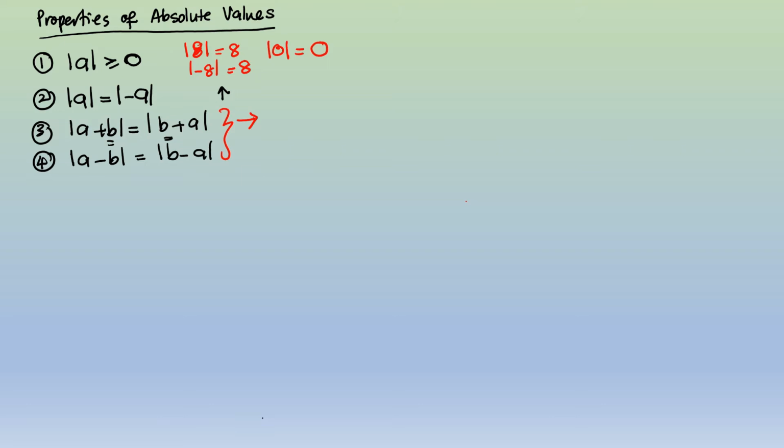Let's choose modulus 4 plus 7 is equal to modulus 11, so it is equal to 11. So we rearrange it to modulus 7 plus 4, which is also equal to modulus 11, so it is equal to 11. So it is the same.